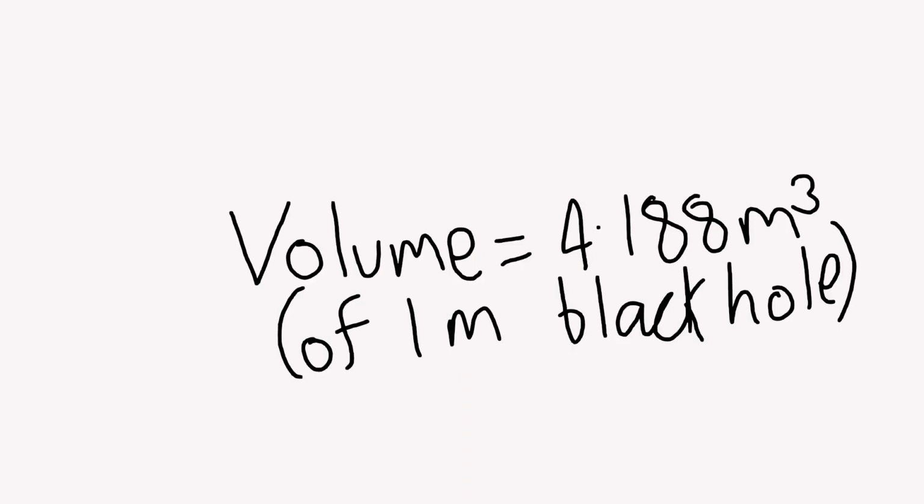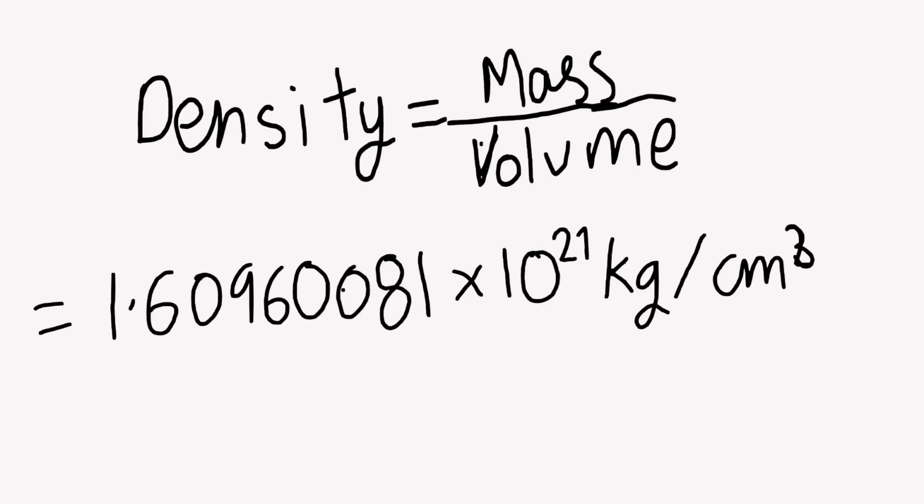Now let's calculate density. So we get 4.188 cubic meters, so the density would be something like 160 quintillion 960 quadrillion 81 trillion kilograms per cubic centimeter, but that's just the density of a unit radius black hole.